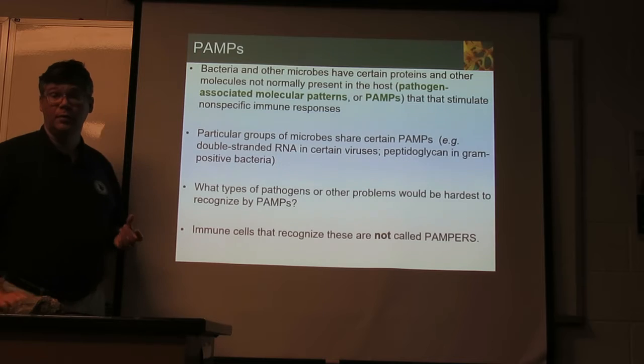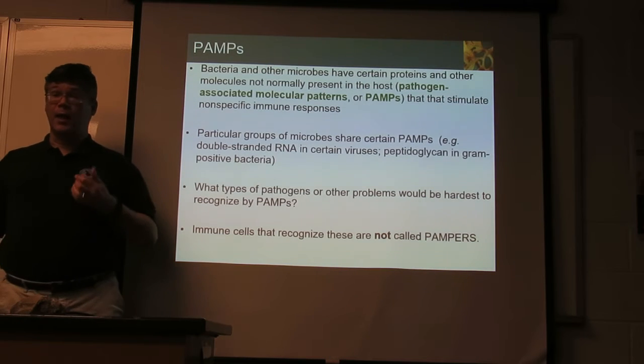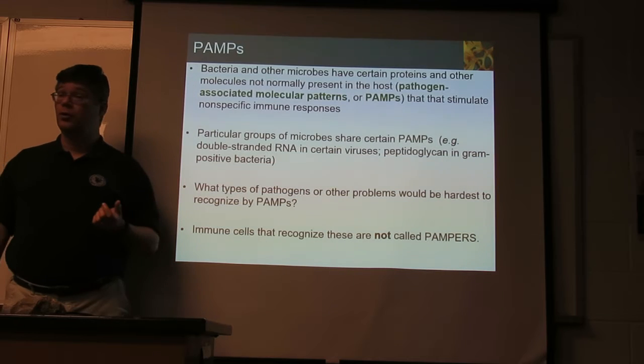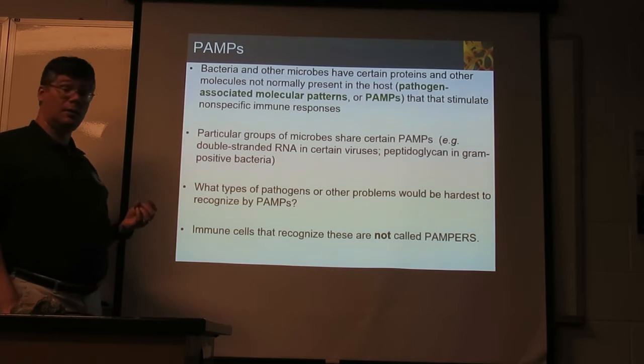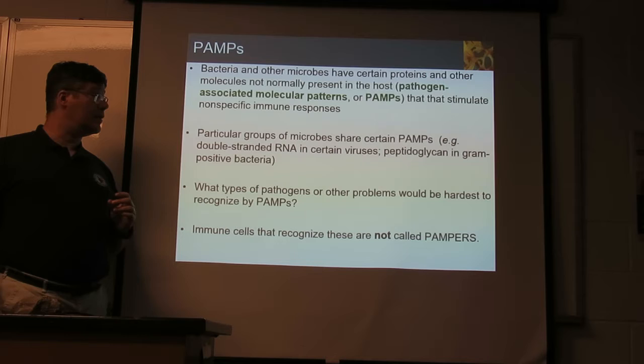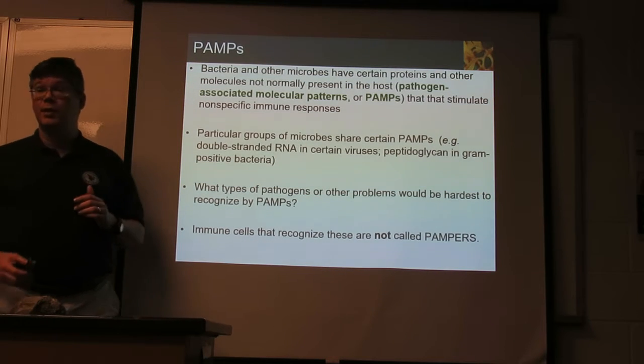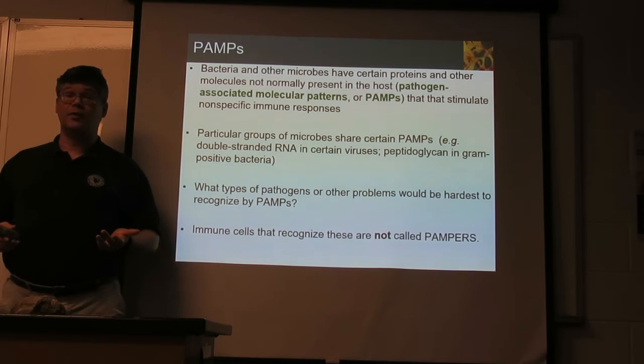And so, this means that, say, an animal parasite is going to be somewhat trickier to recognize and then get rid of than, say, a virus or bacterium, because the animal is more like ourselves.